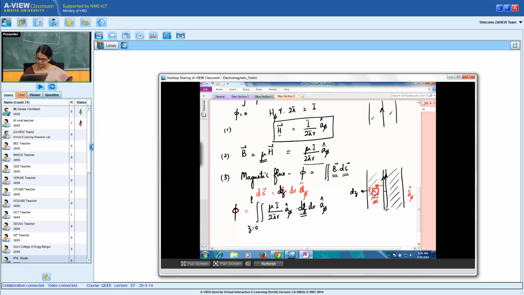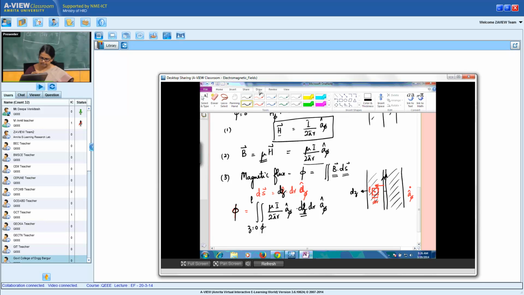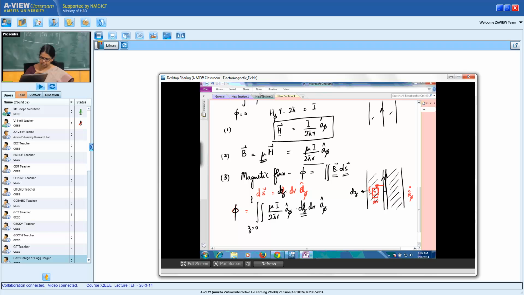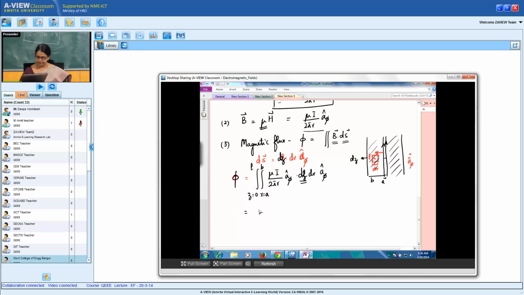I have a length L of the transmission line. Phi is not the variable here. R has to run from, this edge is A, the other edge is B, so it has to run from A to B. That is my flux.